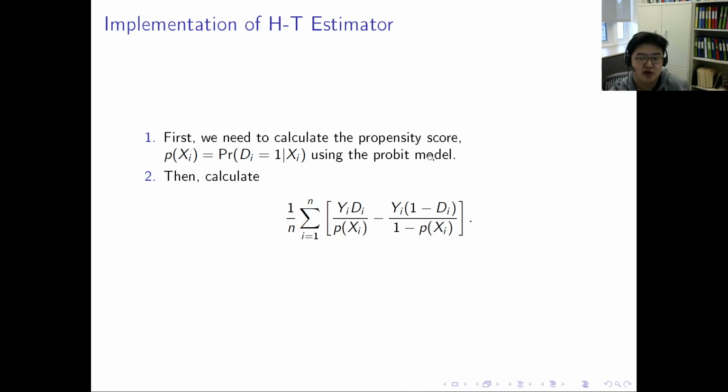We will use the Probit model to estimate the propensity score, and then using the propensity score here, propensity score goes here, and then calculate. It's simple. Something divided by something, multiplication divided by something minus multiplication divided by something, and then take average. So it's a pretty simple process. Let me show you.